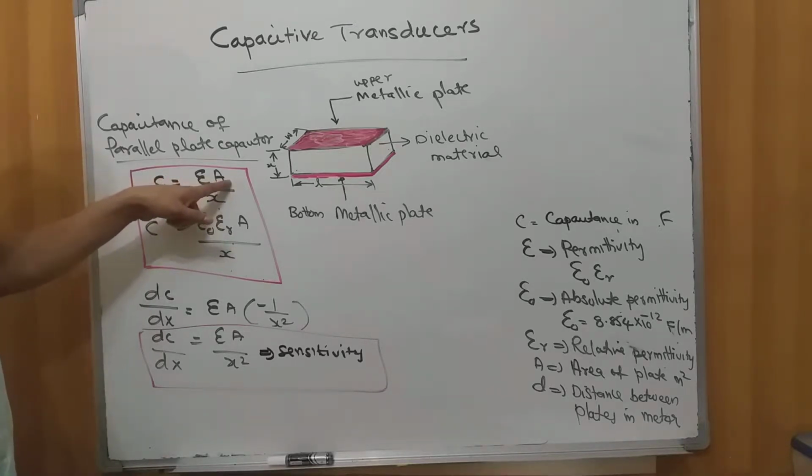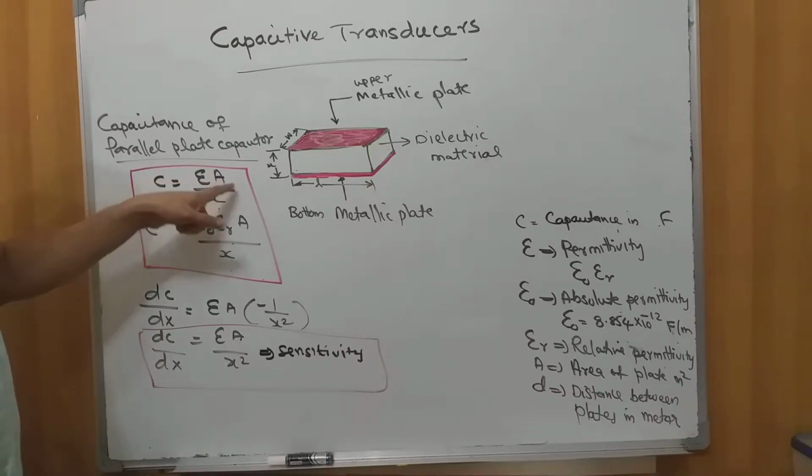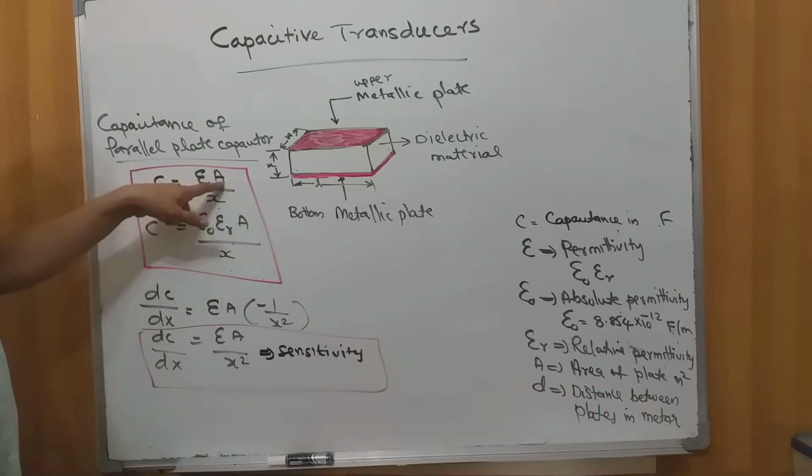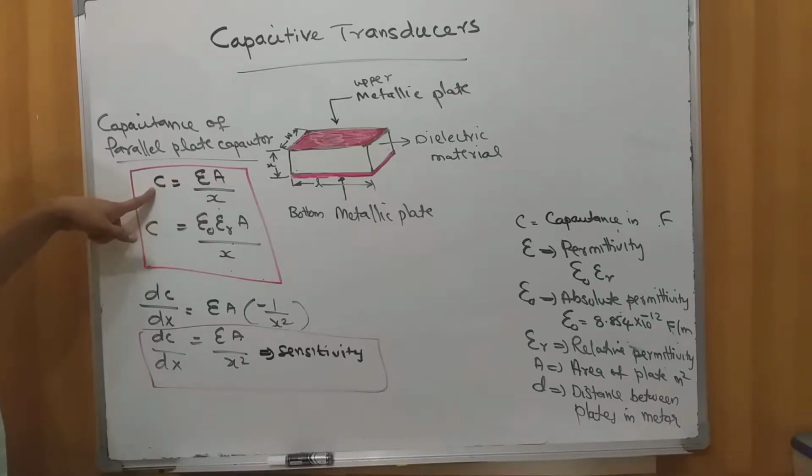We can make one plate movable and the other fixed, and the overlapping area is then a function of the capacitance. Another way is to change the distance between the plates, increasing or decreasing it.